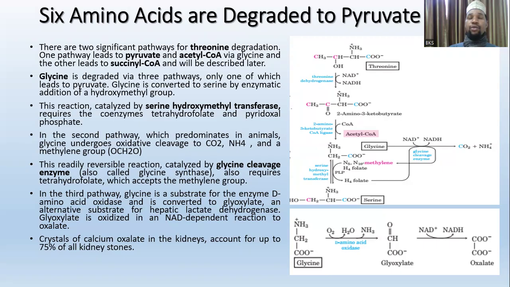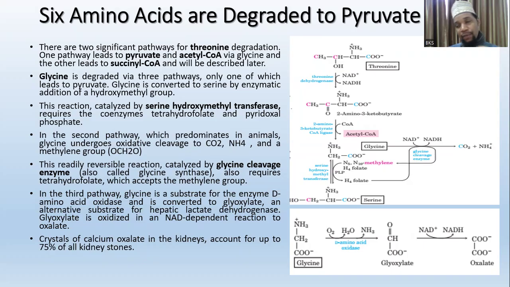Now another pathway, you have glycine. Now glycine in that pathway is converted by an enzyme called serine hydroxymethyltransferase. What happened here? You have a methyl group attached to a hydroxyl group. We call it hydroxymethyl.